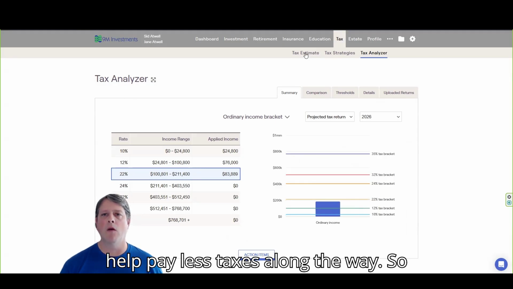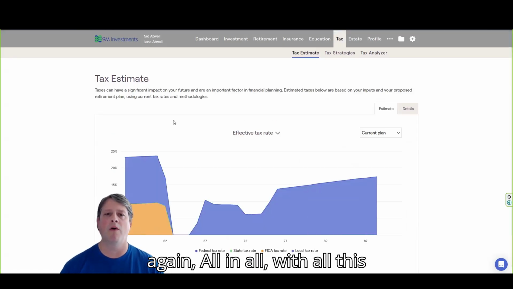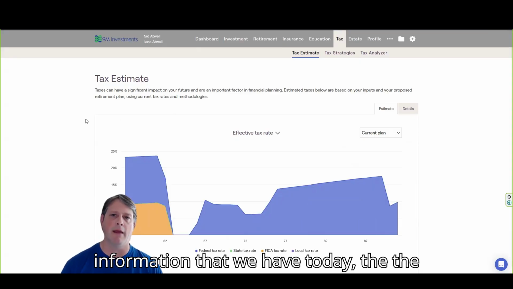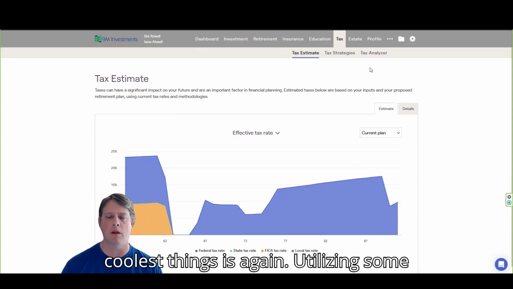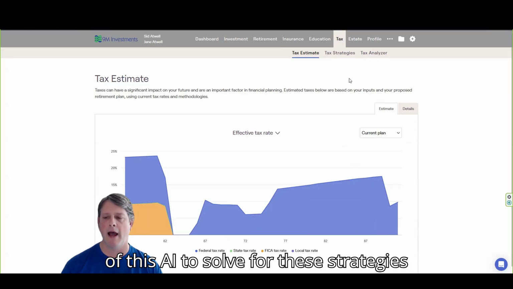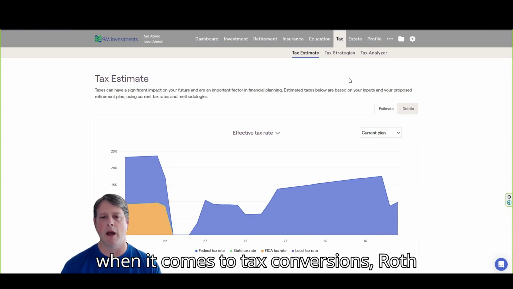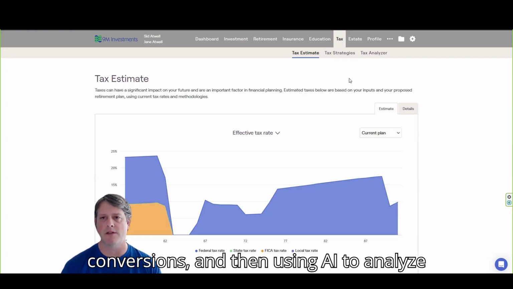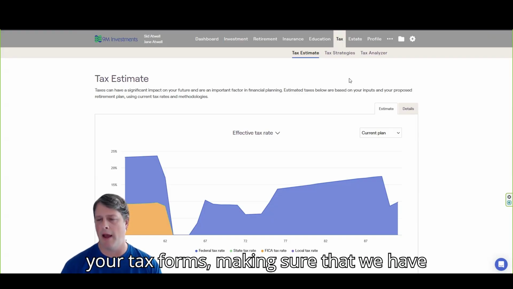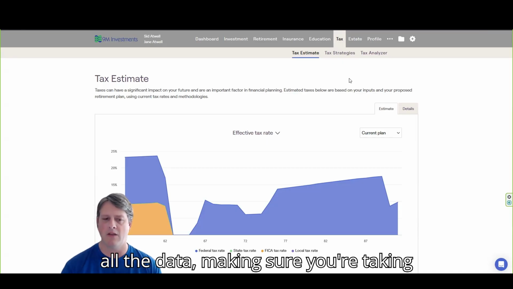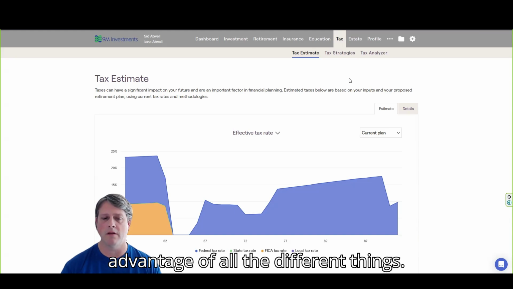So all in all, with all this information that we have today, the coolest thing is utilizing some of this AI to solve for these strategies when it comes to tax conversions, Roth conversions, and then using AI to analyze your tax forms, making sure that we have all the data, making sure you're taking advantage of all the different things.